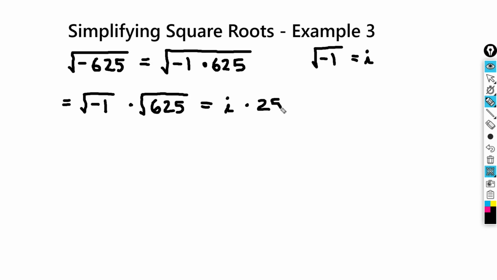Now the convention is when we write this at the end, in our simplified form, we'll write the number first, and then we'll write i next to it. That means 25 times i if we write them next to each other. And so we write i second. Okay, so we write it like this. So this square root of -625 simplifies to 25i. And we're done with that example.